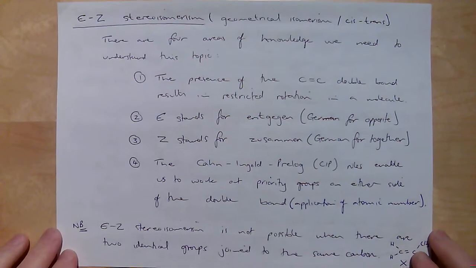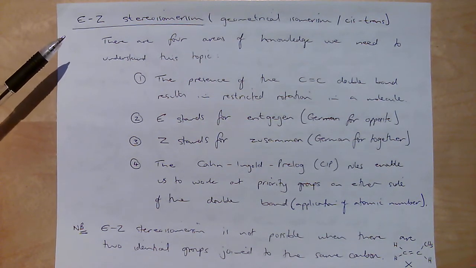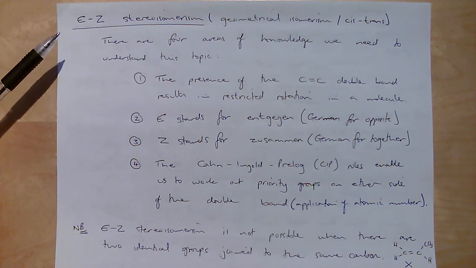EZ stereoisomerism, as I've just said, is also known as geometrical isomerism or cis-trans isomerism. When you're approaching this topic, there are just four key areas of knowledge that you need to be aware of.